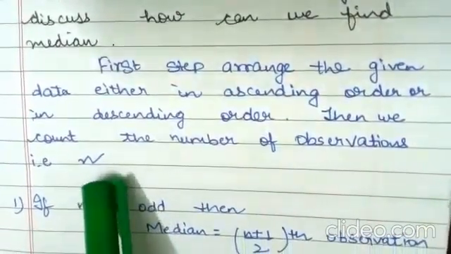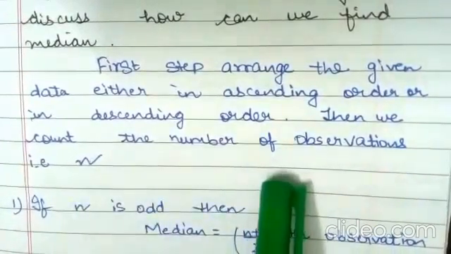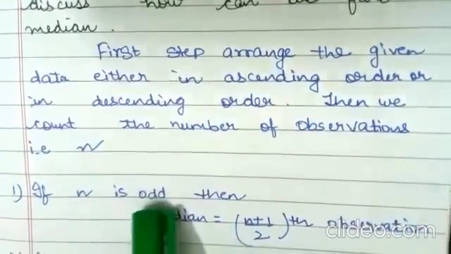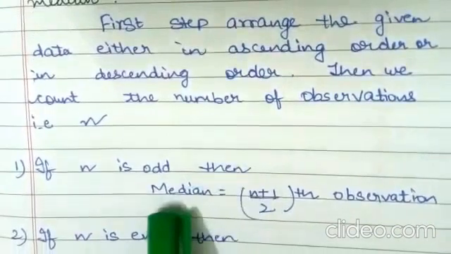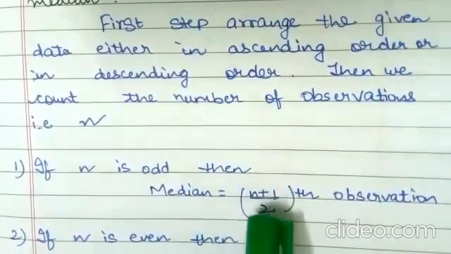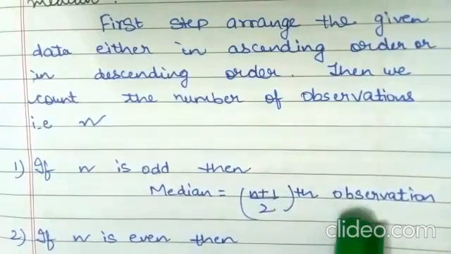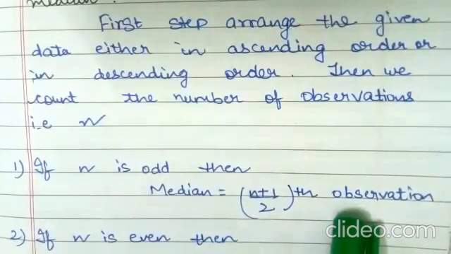Then we see if n is odd, then the median will be the (n plus 1) upon 2 th observation. We will discuss this in the questions also.